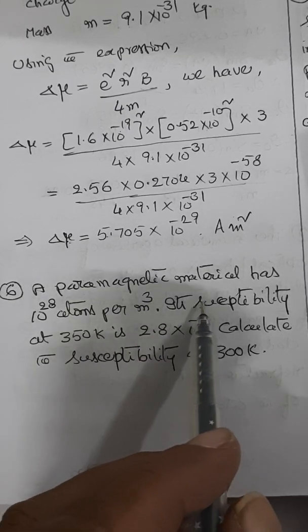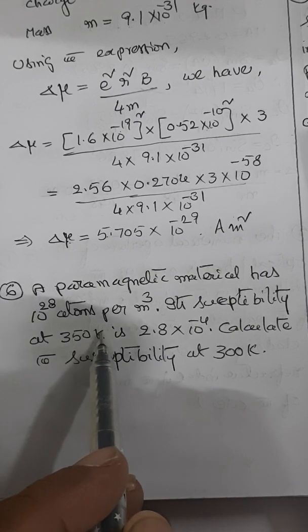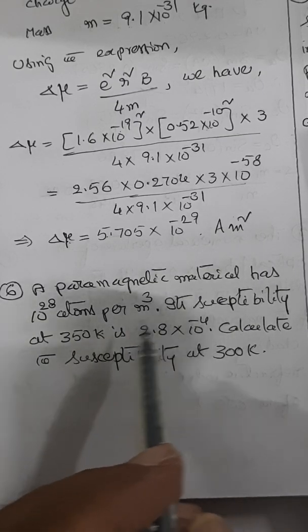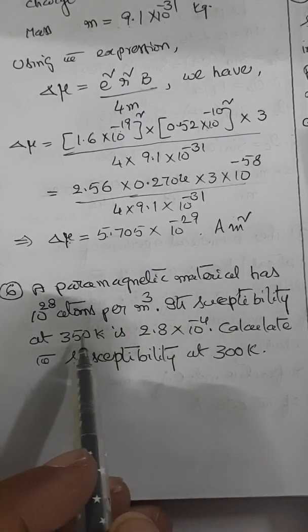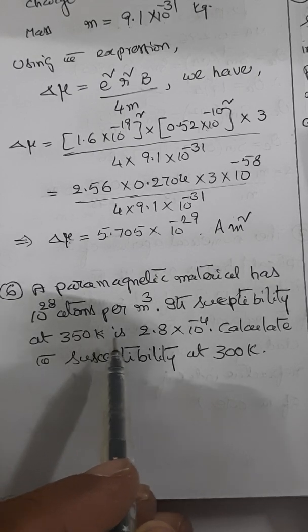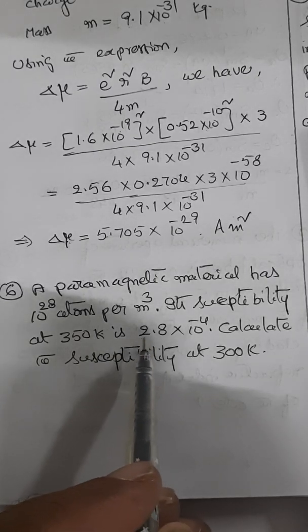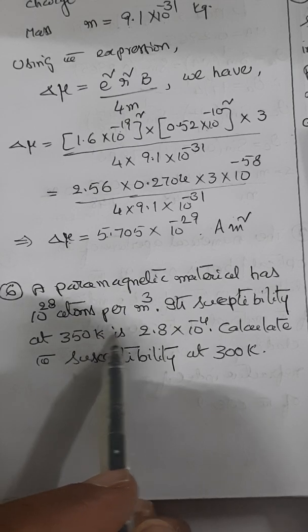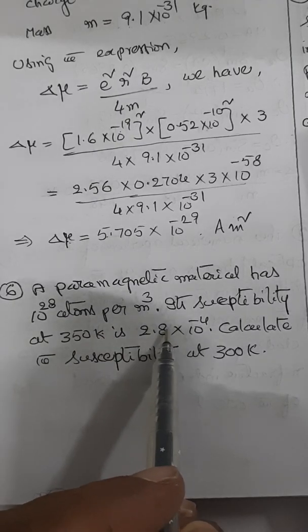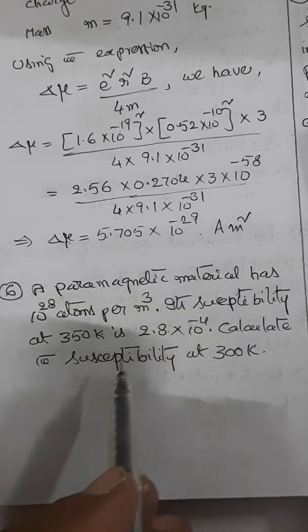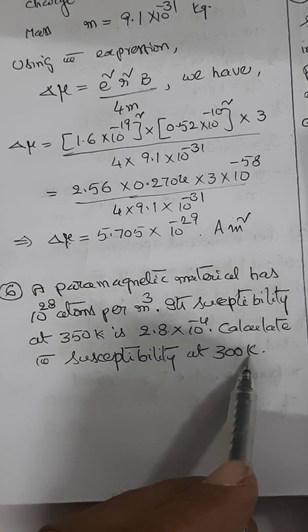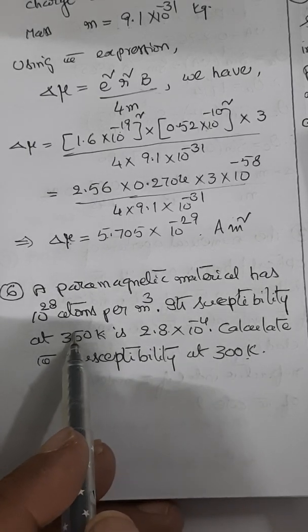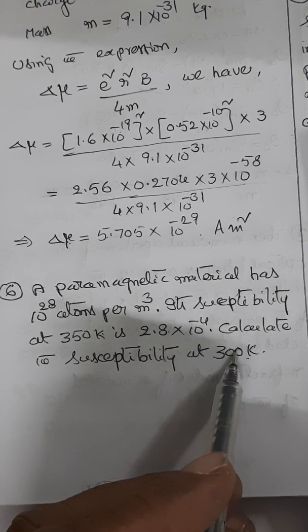And also the susceptibility at 350 Kelvin is given as 2.8. He is asking us to calculate the susceptibility at 300 Kelvin. That means two temperatures are there, 350 Kelvin and 300 Kelvin.